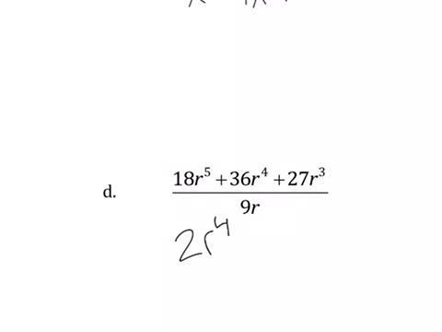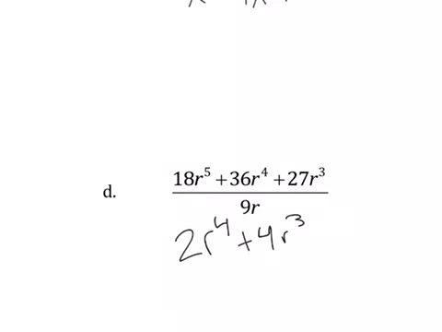Okay, what about here? I've got a term of 36r to the 4th divided by 9r. Same thing, 36 divided by 9 is going to be a positive 4. I've got r to the 4th, and on the bottom is r to the 1st. 4 minus 1 is 3. Sorry, I forgot my r. And then our last term is 27r to the 3rd.